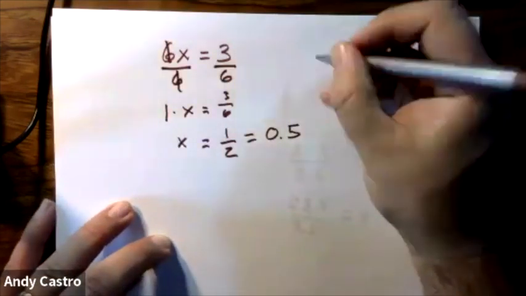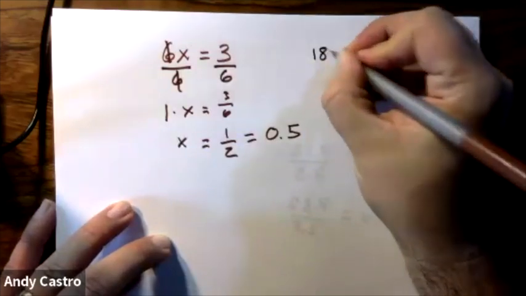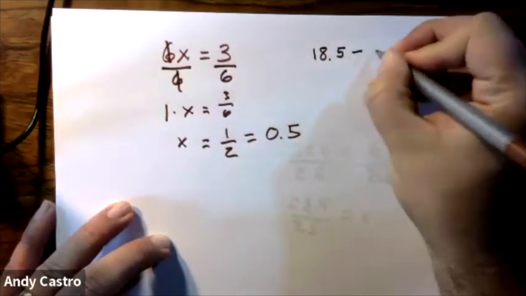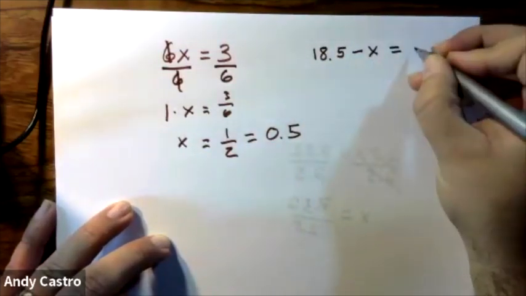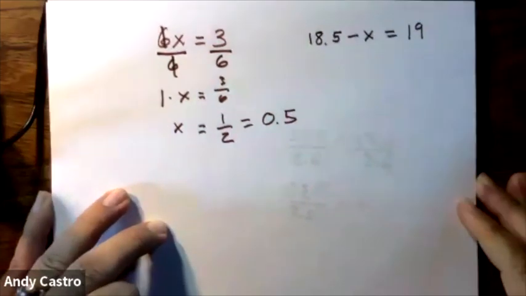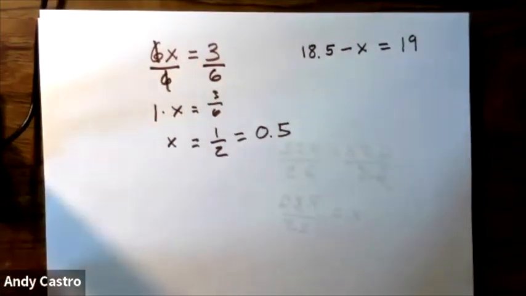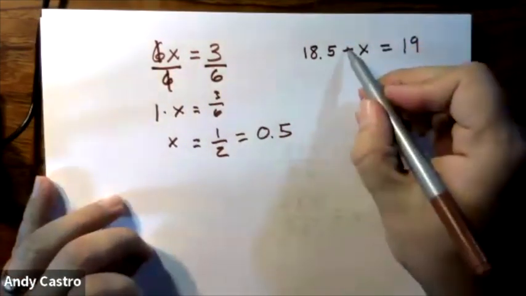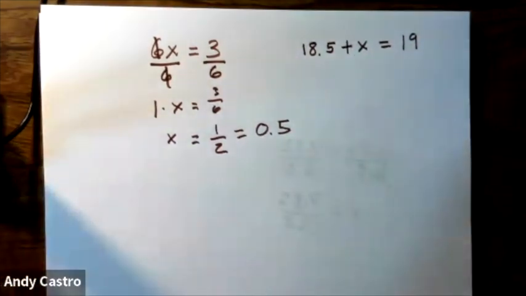All right, let's look at this one. 18.5 minus x is equal to 19. What is x? Actually, no, sorry. Make that a plus. 18.5 plus x is equal to 19.